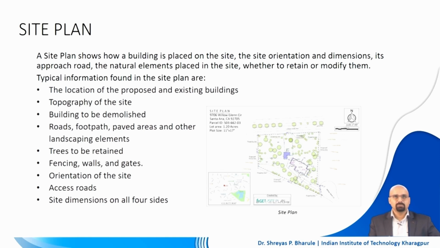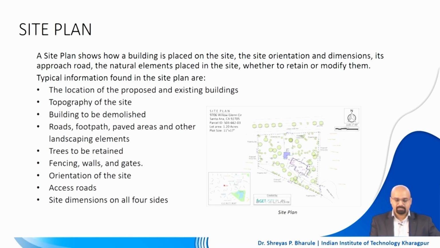So the typical kind of information found in a site plan is as follows. You have the location of the proposed as well as the existing buildings. If there are some existing buildings, for example in this particular case, the blue highlighted building is probably the existing one, and you are going to build another, additional building which will be an add-on in this site.